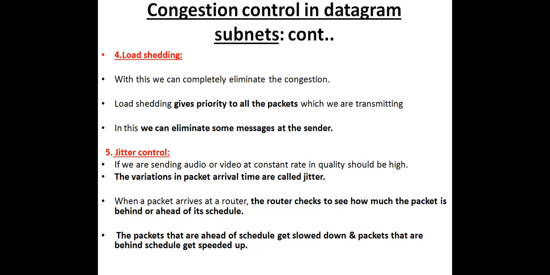Sometimes it reaches around 8:10. That means it is behind. So the router has to check whether the packet is on schedule, behind schedule or ahead of schedule. The packets that are ahead need to be slowed down. The packets that are behind need to speed up.